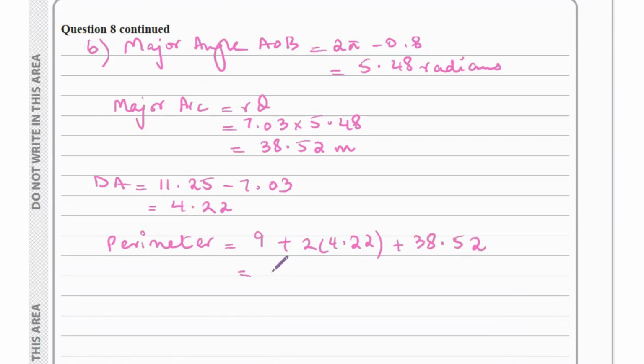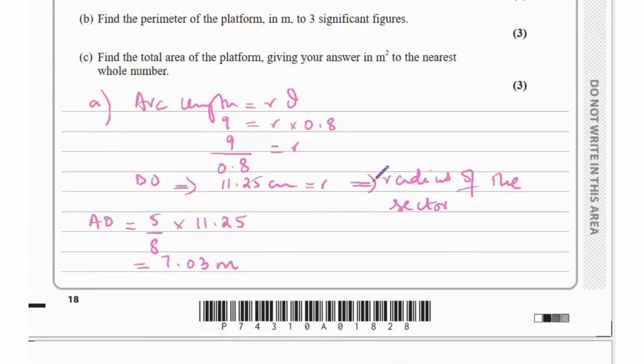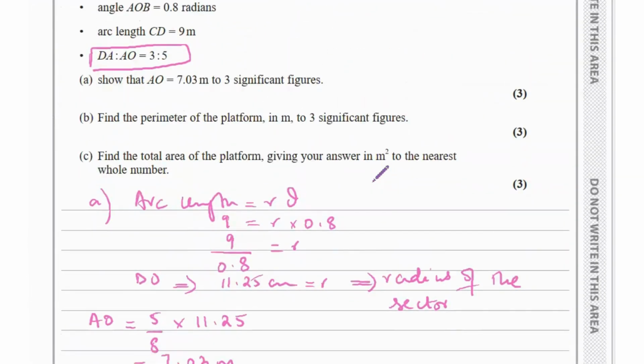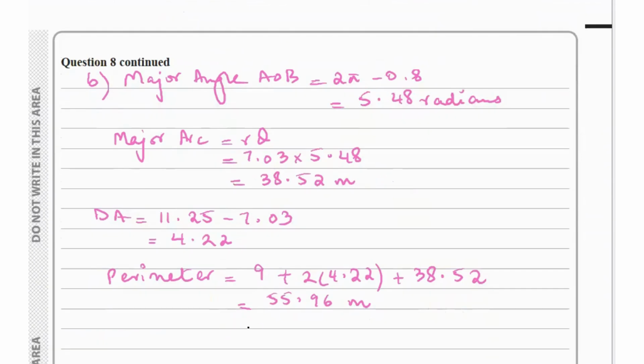That's going to give us a value of 55.96 meters. They want us to round it correct to 3 significant figures, so that's going to be 56.0 meters. That's your answer.